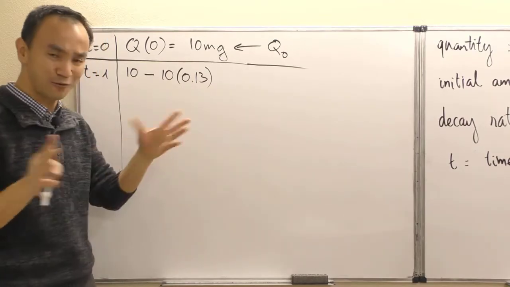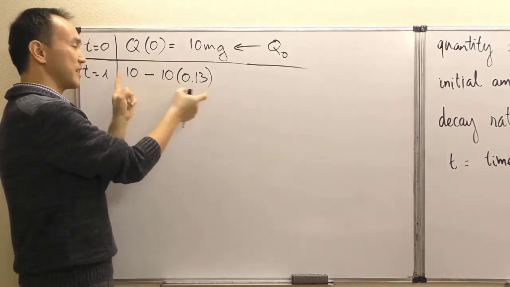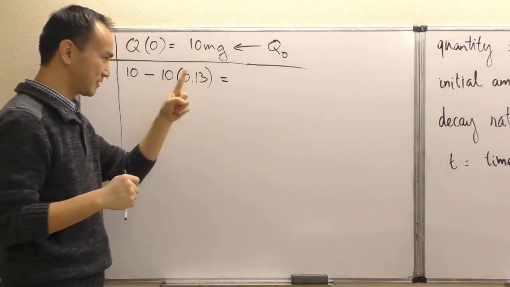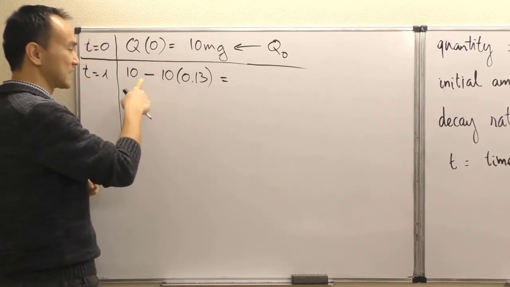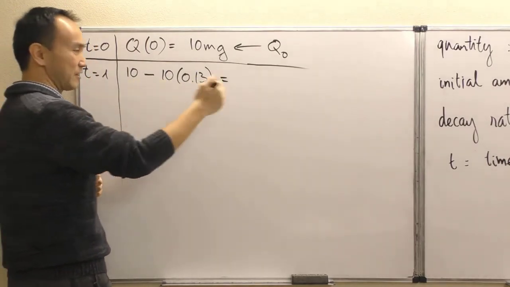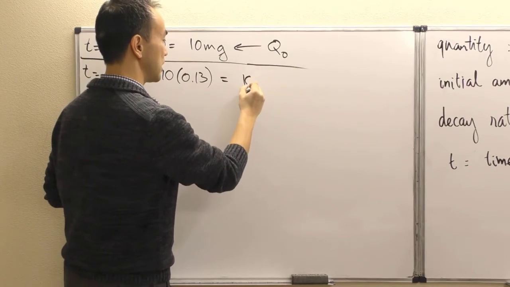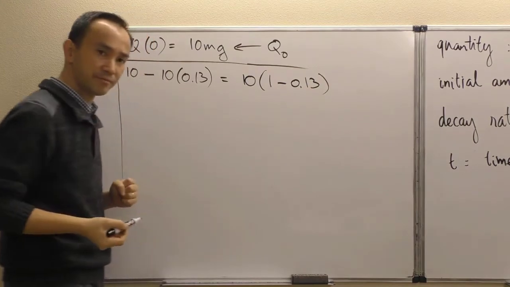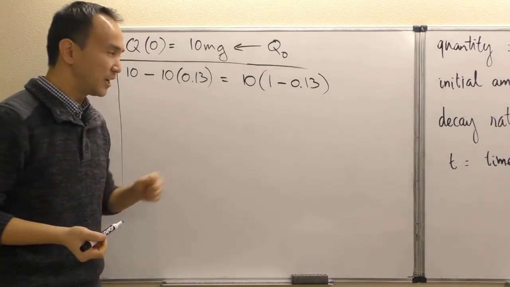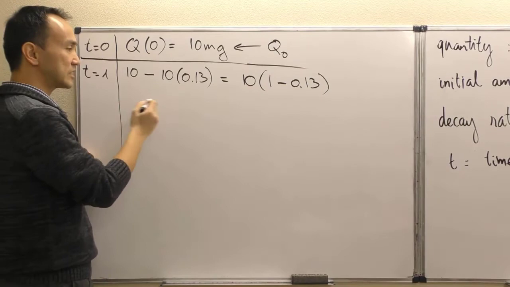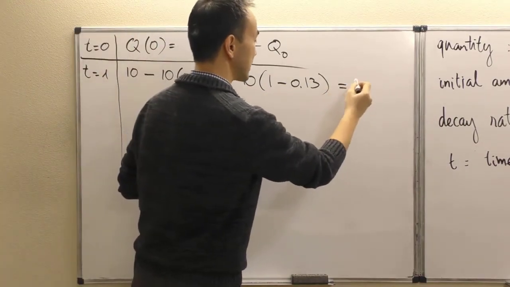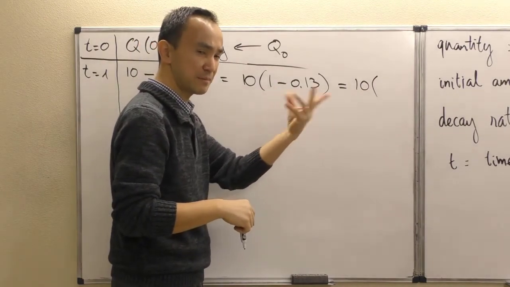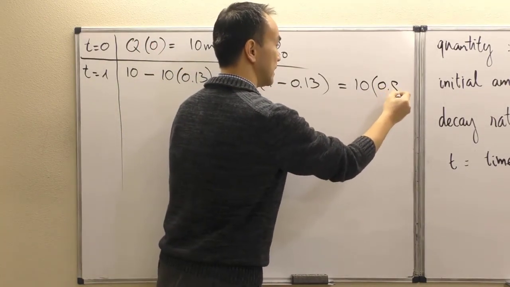These are basic math that hopefully I don't have to spend too much time explaining. The point is that there's a common factor, so it comes out 10 times 1 minus 0.13, and 1 minus 0.13 mathematically comes out being 0.87.